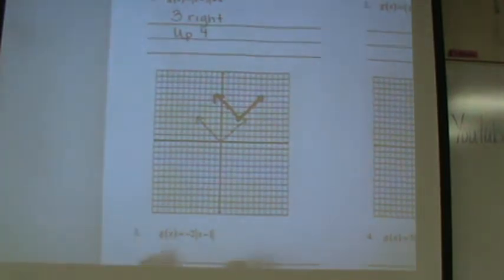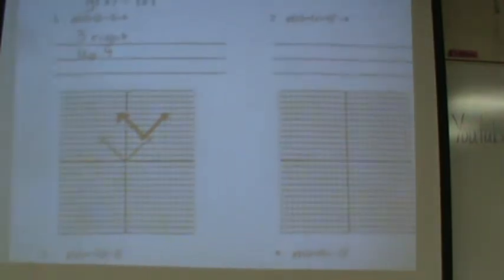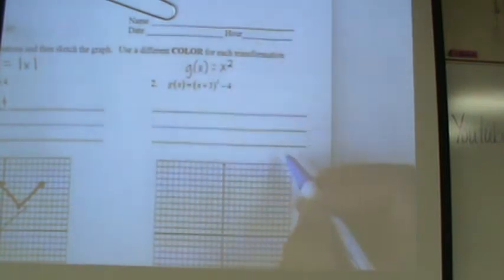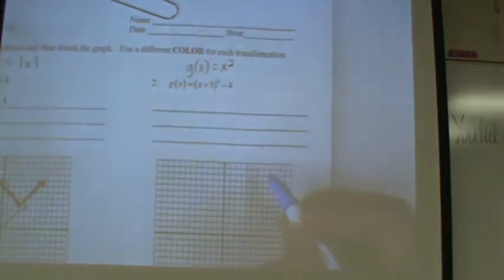Number 2, the parent function is g of x equals x squared. This one, you would start at the origin and go over 1, up 1, over 2, up 1, 2, 3, 4, and you can keep going over 3, up 9.